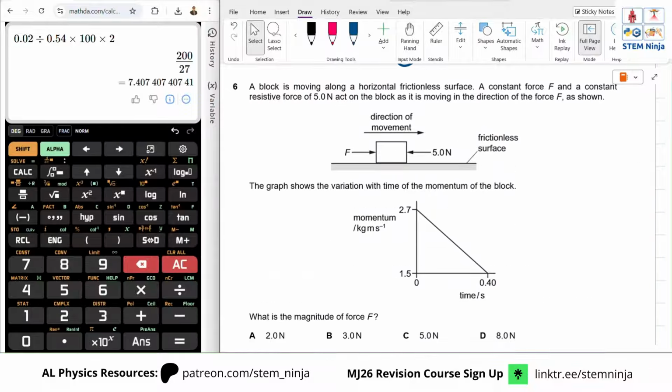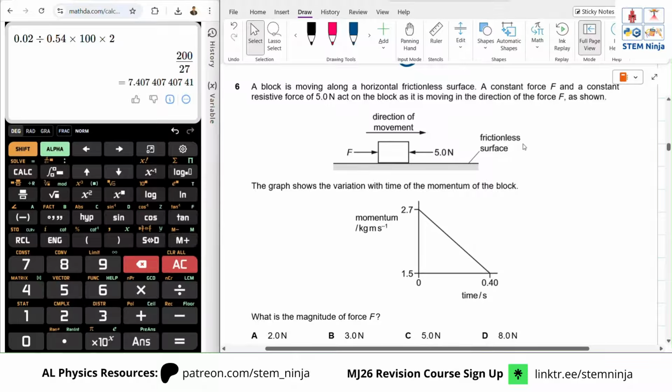Okay, a block is moving along a horizontal frictionless surface. The constant force F and a constant force of 5 newtons act on the block as it is moving in the direction of force F. Right. Okay, the graph shows the variation with time of the momentum of the block.